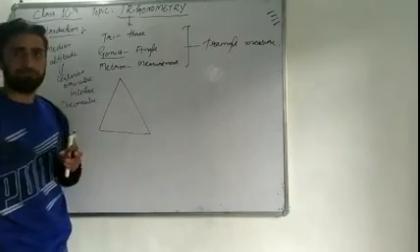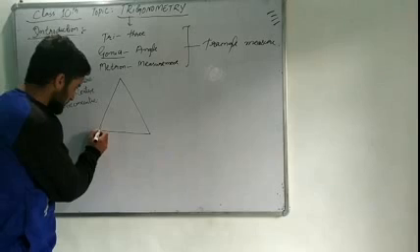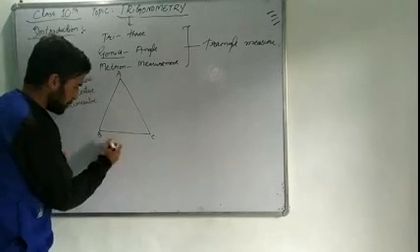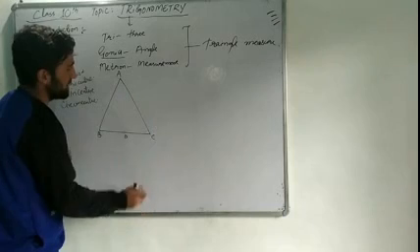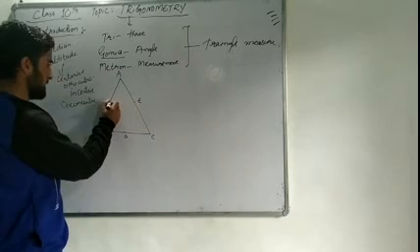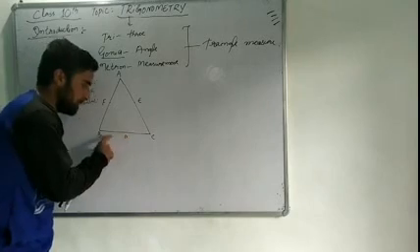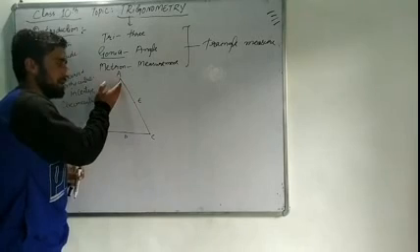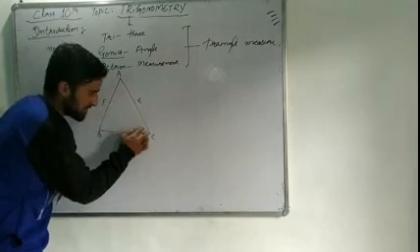Let's discuss these points. So what is a median of a triangle? Let us suppose this is a triangle ABC. And let us suppose the midpoint of BC is say D, and the midpoint of this side AC is say E, and the midpoint of AB is here, and suppose this is F. Now if I join the midpoint of BC with the opposite vertex, and the opposite vertex is A. Now if I join the midpoint of AB with the opposite vertex, this.